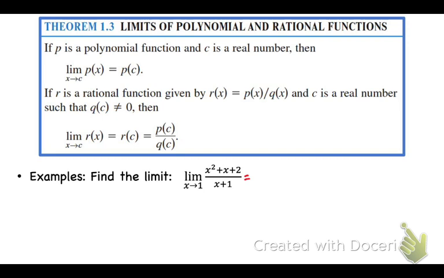Your work is underneath. So I'm going to plug in 1 for all the x's. So I got 1 plus 1 plus 2, and 1 plus 1. So I've got 4 over 2. So my answer is 2. The work is not your answer at all.